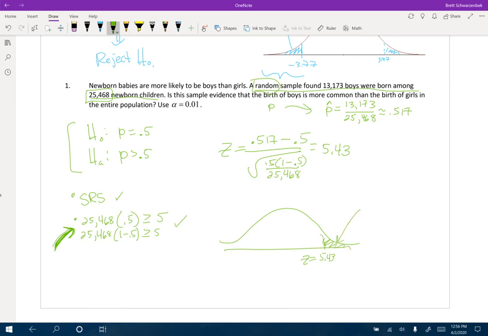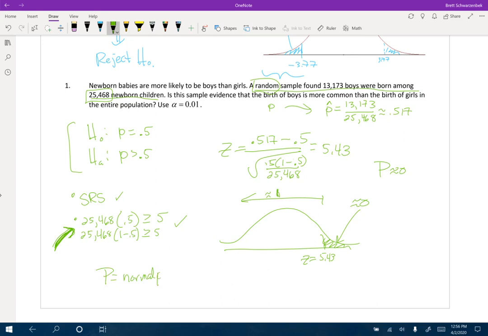Hopefully you know that if you look up 5.43 in the table, you are going to get an area of 1. Why? Because everything in the table is this way. So when you get 1 over here, you get approximately 1. You get approximately 0 over here. So our p-value is approximately 0. So again, on the calculator, you would do normal CDF.